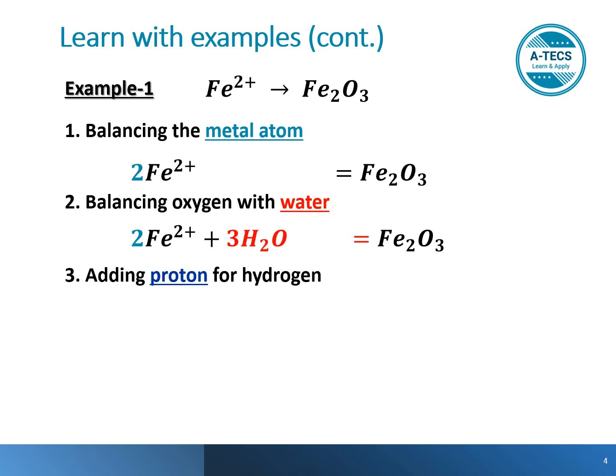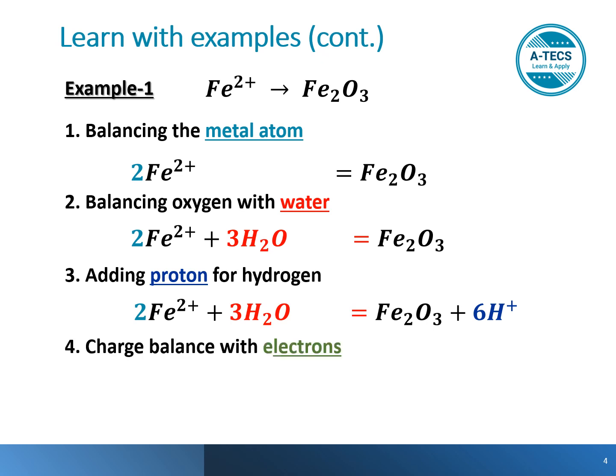Adding protons to balance hydrogen is the next step. So we added 6 hydrogen ions on the left side to balance 6 hydrogen atoms, which we added by adding 3 water molecules in the second step. The final step is about balancing the charge with electrons.